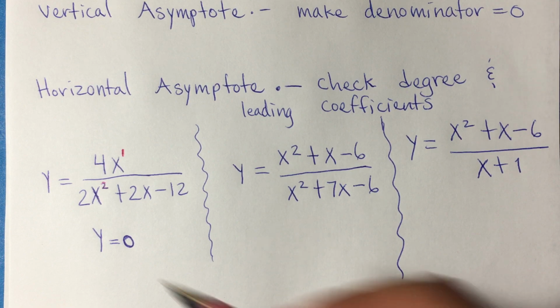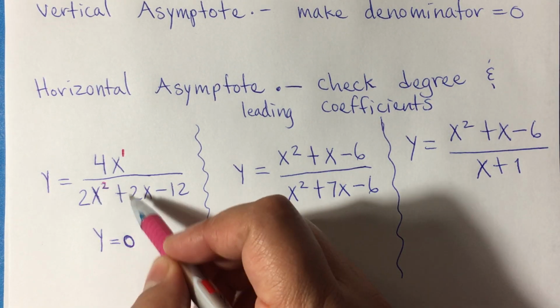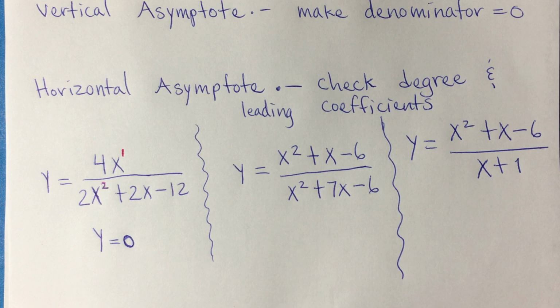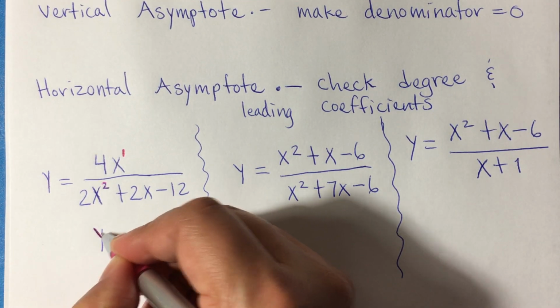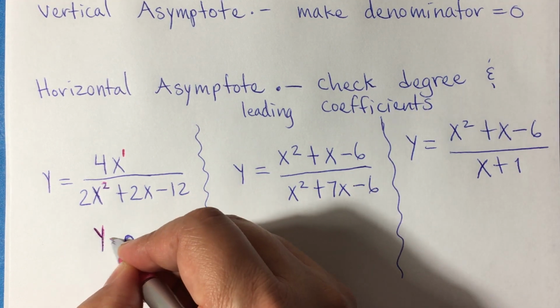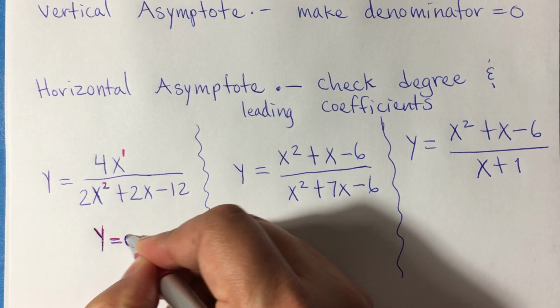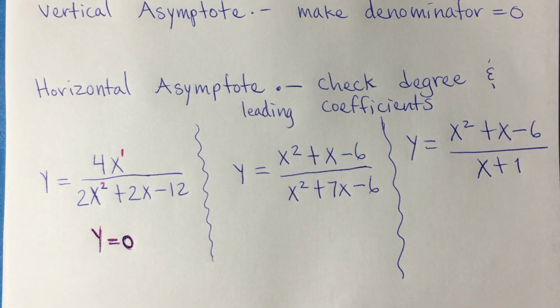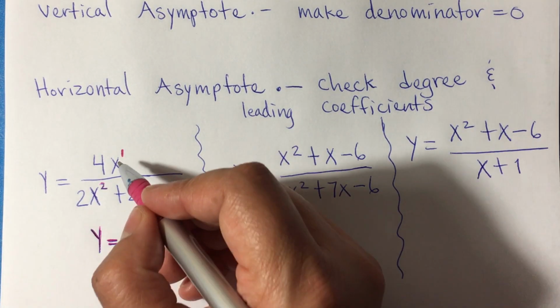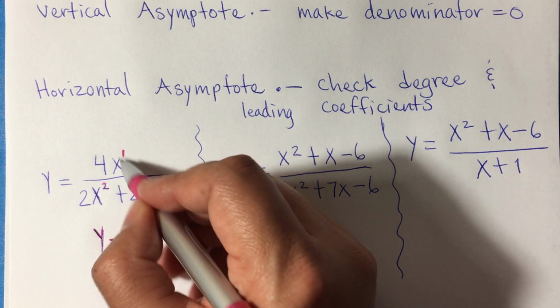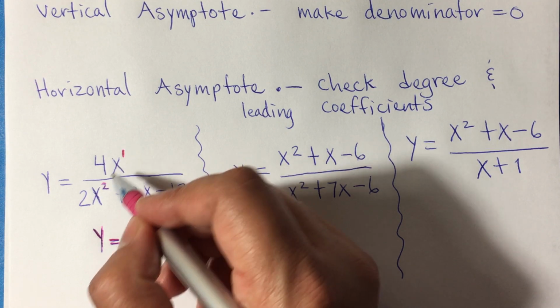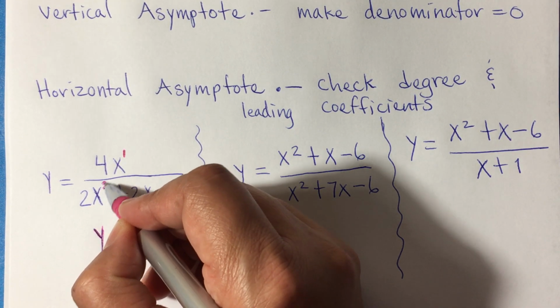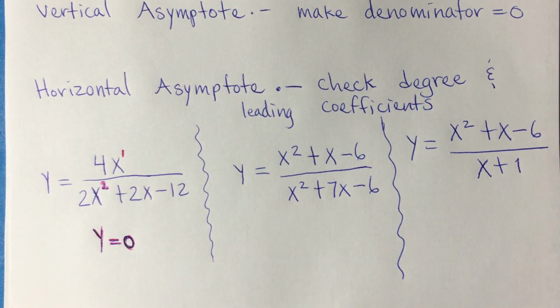So that's still, they call it bottom heavy, okay? The rule is that the asymptote will always be y equals 0. Again, if the numerator's degree is less than the denominator's degree, then y is going to be equal to 0.